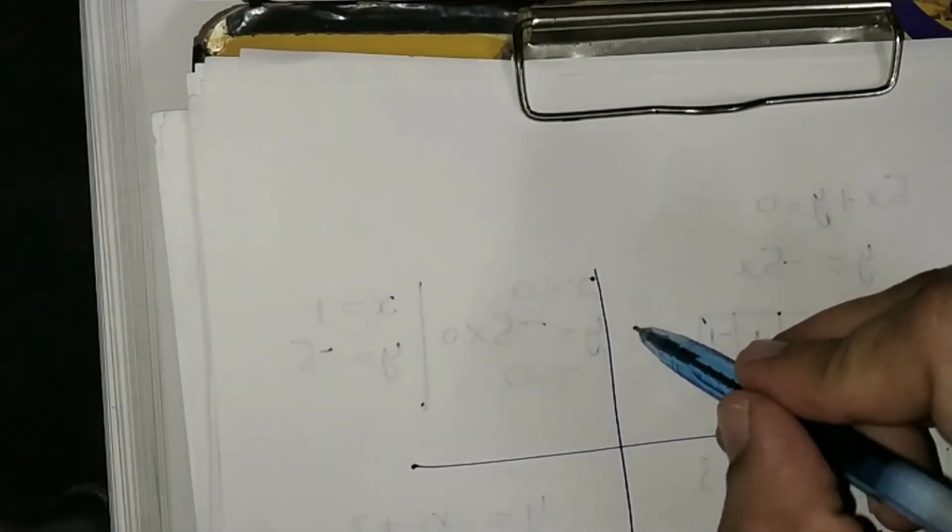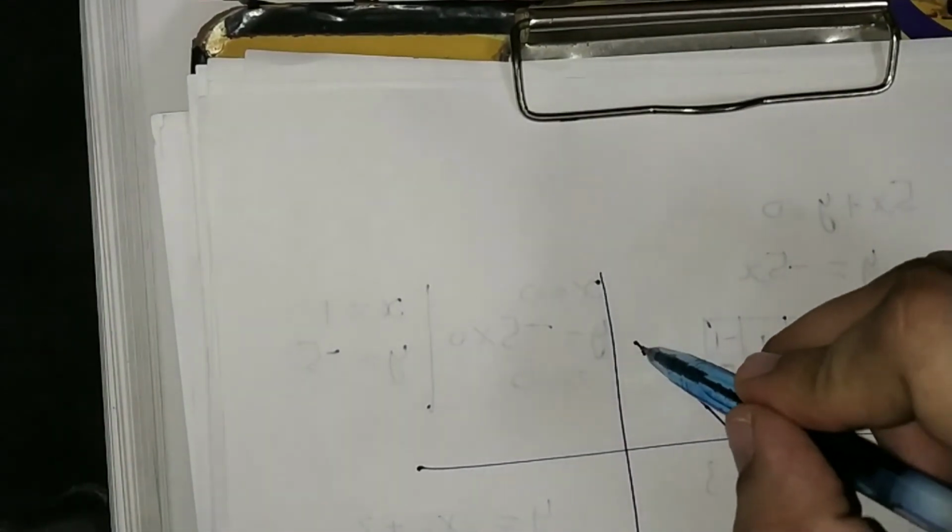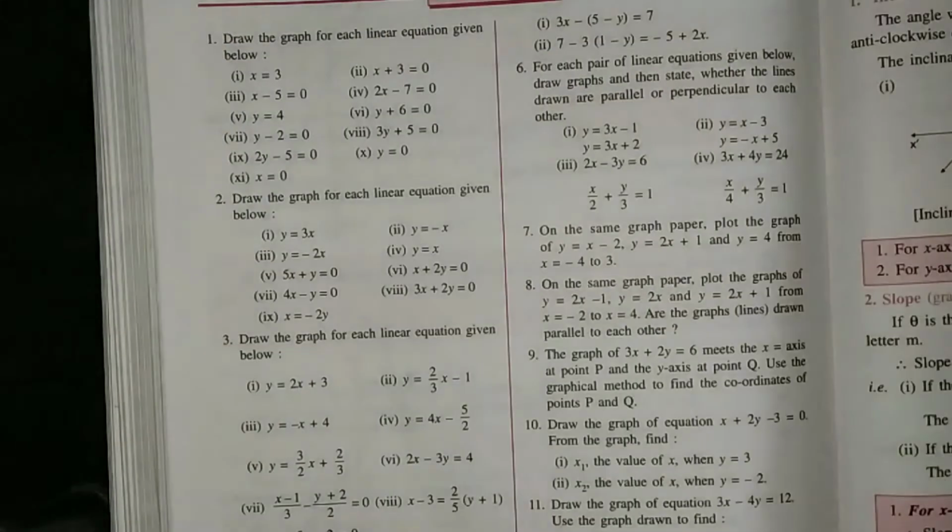Just make the points and draw a line. Suppose this is your required line. So this is the area enclosed by the line and the coordinate axes. You have to find the area. Half into base into height. Just use the formula for area, then you can find the area.